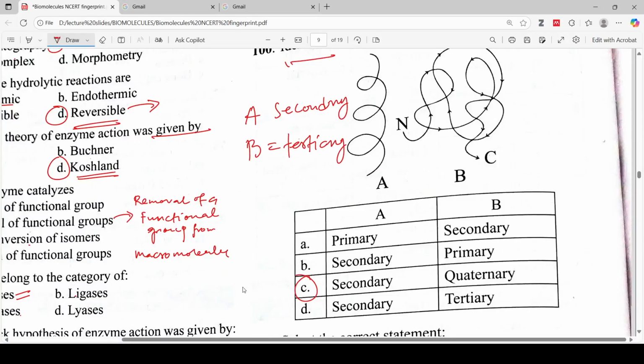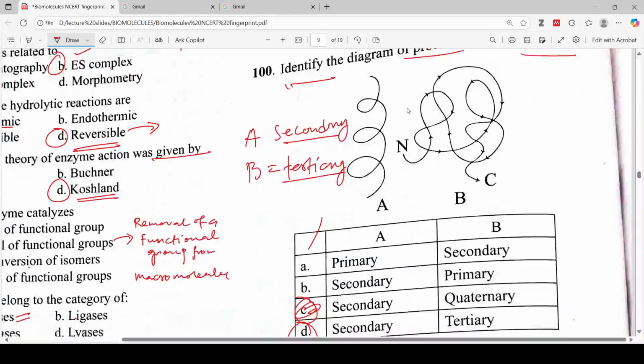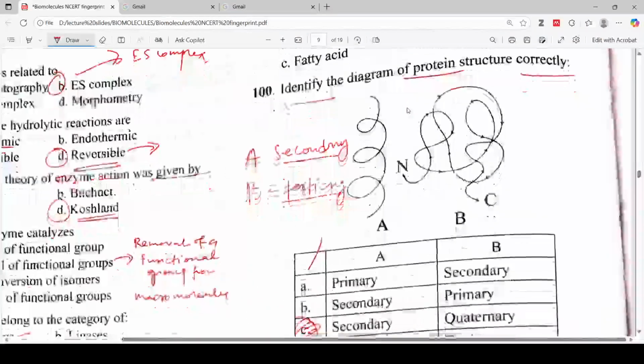So option C, not C, option D. Tertiary and secondary will be the next. Let's move to the next question.